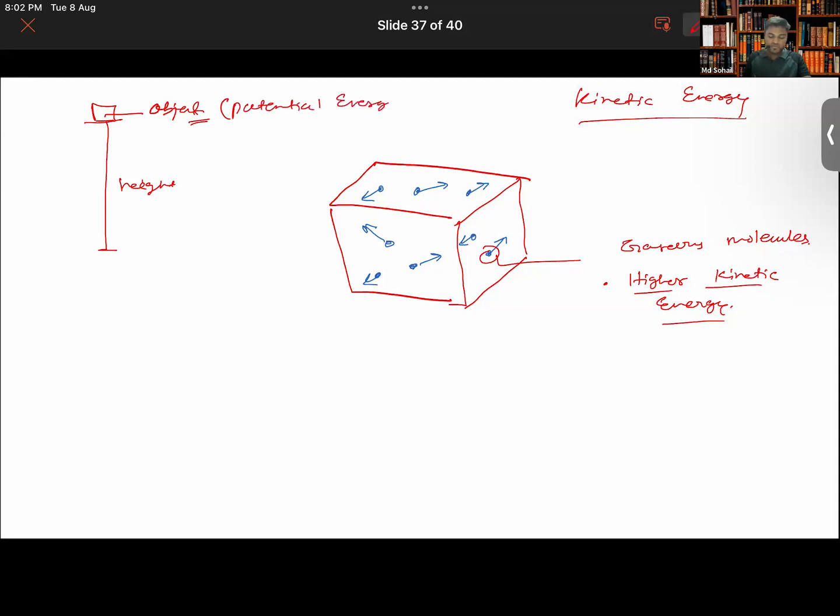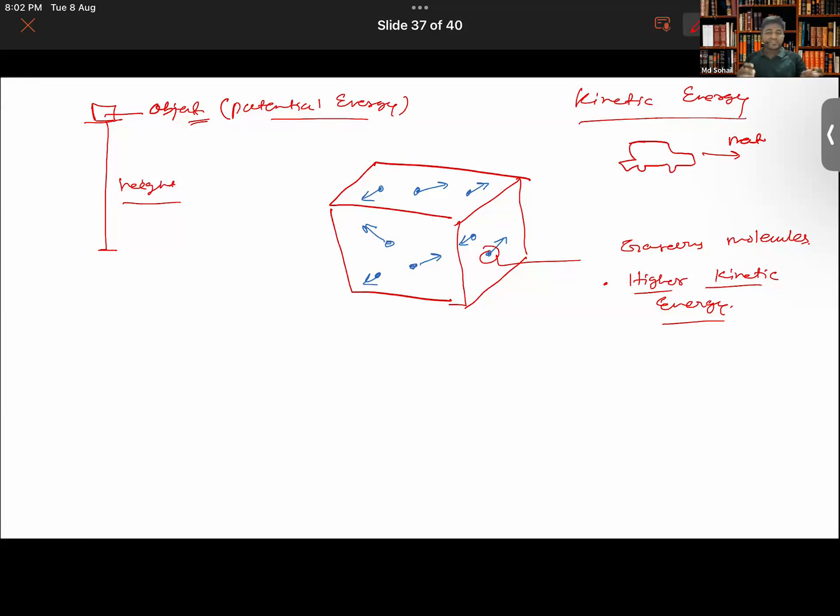So potential energy is basically energy possessed by an object while it is at rest at a height, and kinetic energy is basically energy possessed by an object while it is in motion. Getting it? So here the particles, the molecules of the gases, are continuously moving and hitting the container in which they are put.